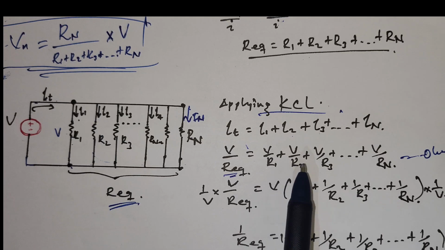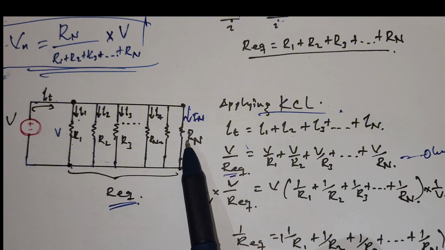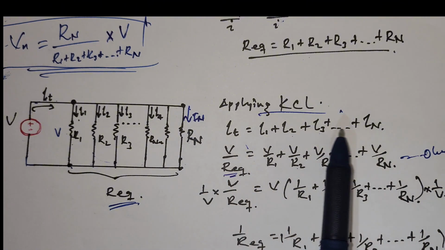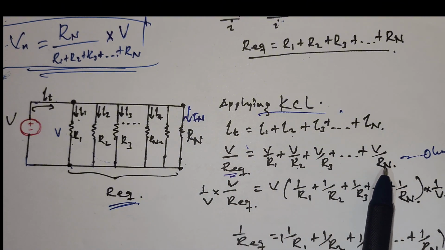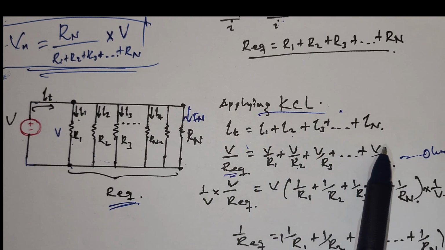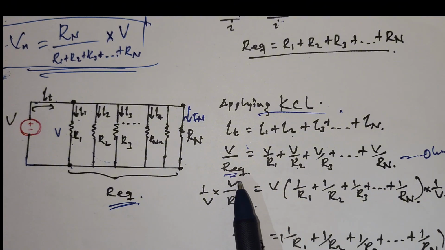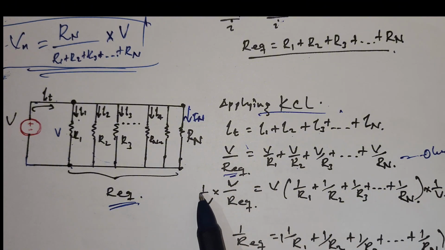So for I2 also V over R2, for I3 V over R3, for In V over Rn. So we have V in common from both sides.